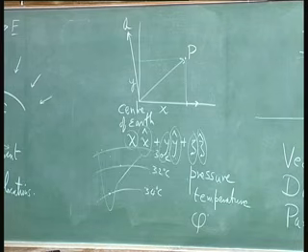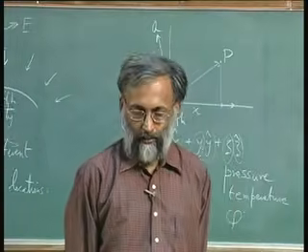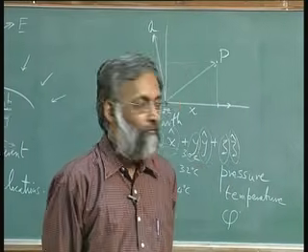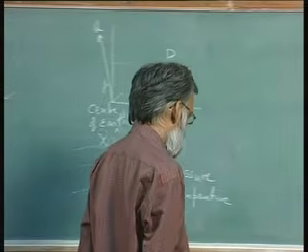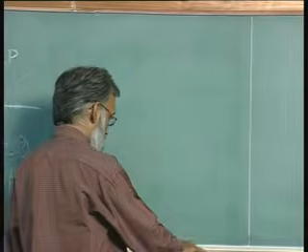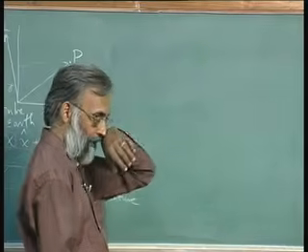Now, I have started talking about vector fields, but I have not said what is a vector. That is because you people are supposed to have learnt all about vectors earlier, but let me revise.